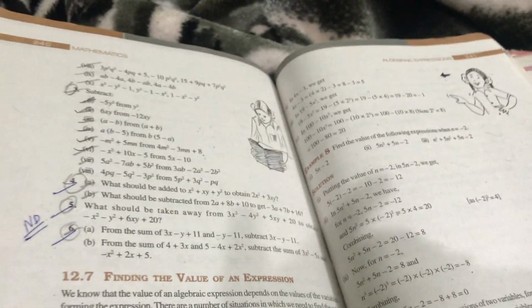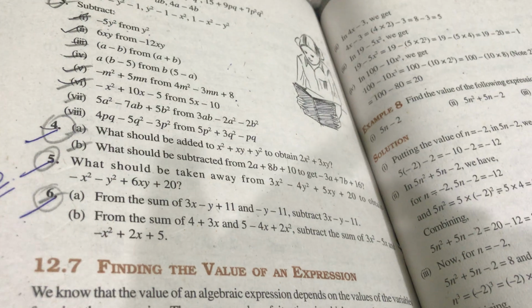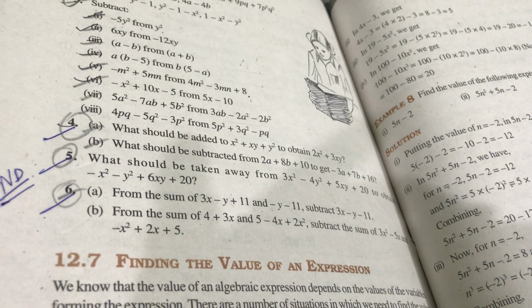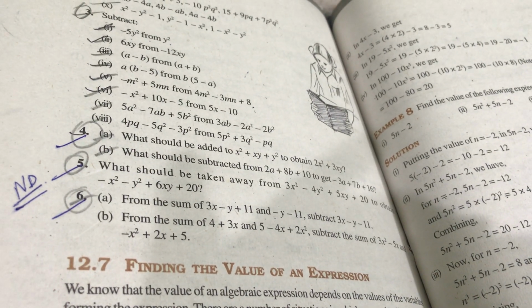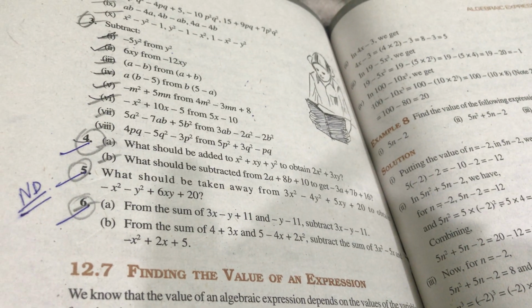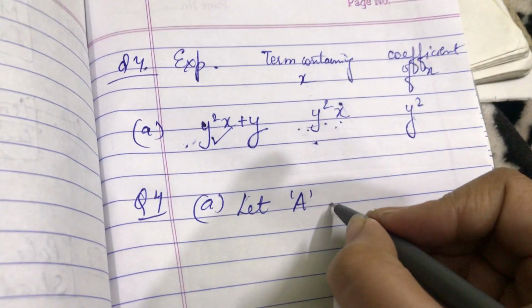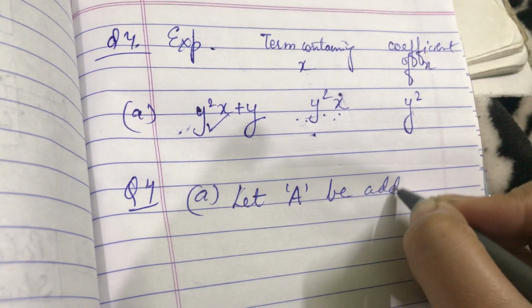Now question number 4 I am going to explain to you. Question number 4 of this exercise is: what should be added to x square plus xy plus y square to obtain 2x square plus 3xy? Now let a be added.